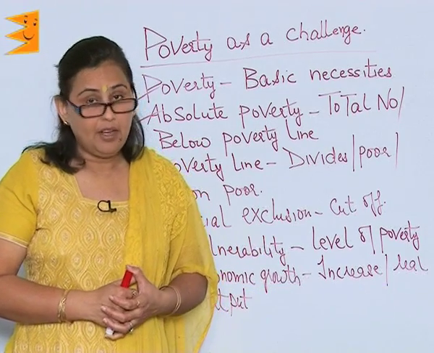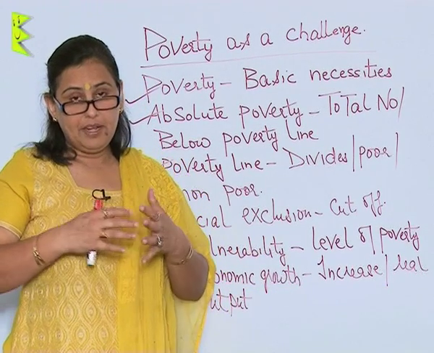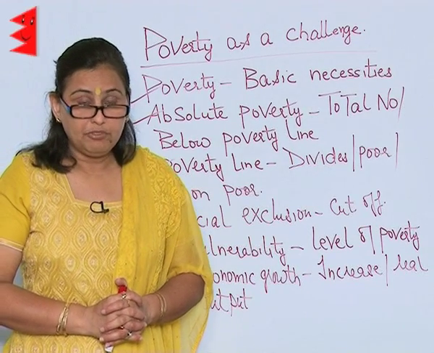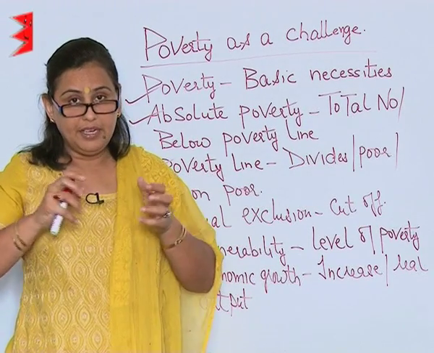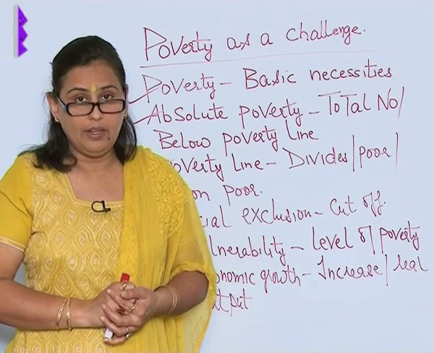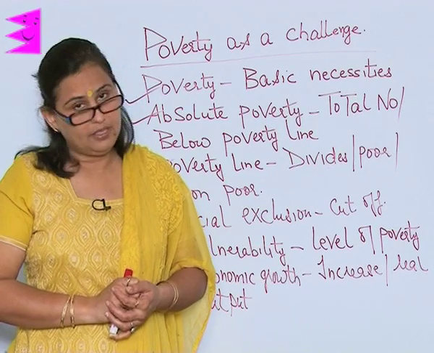This is a very poor situation when a person just cannot mix around with other people for the simple reason that he does not have enough money to go around and have a circle.